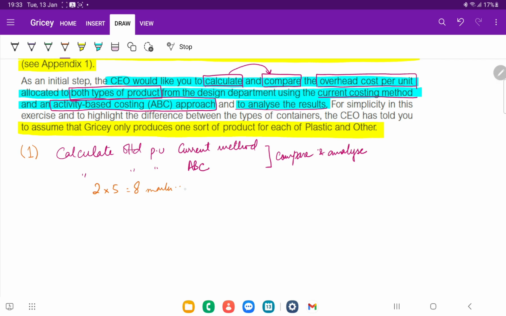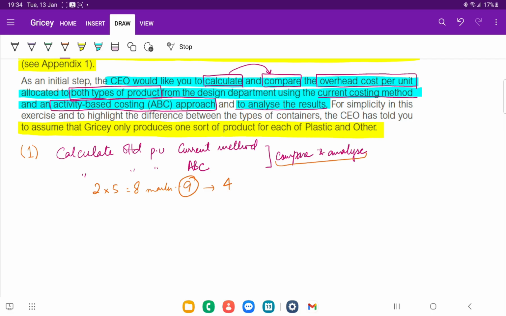So approximately we can reasonably believe that 9 marks are for the calculation part, and probably 4 marks are for comparison and analysis. Or maybe 10 marks is for part A, the first section, and probably 3 marks is for the second section.